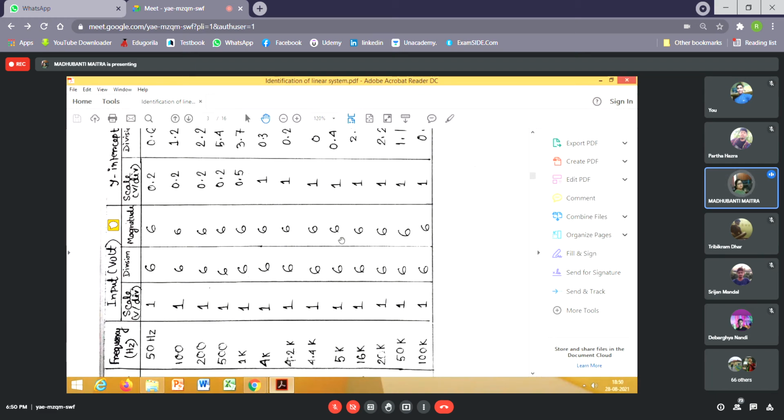Now for viewing the input sinusoid, what can be done? The Y channel can be grounded. Then the second signal, the output signal, will disappear from the screen of the scope, and only the first signal, that means the input signal, will be displayed, and you can measure the number of divisions of the peak-to-peak voltage, multiply this by the scale, and you can get the values.